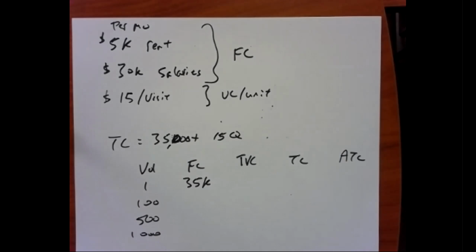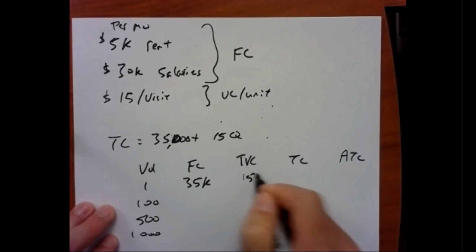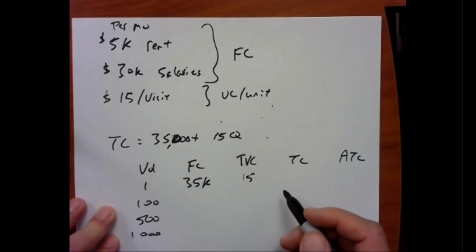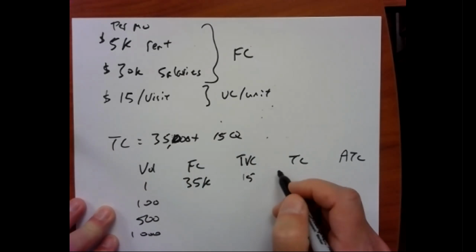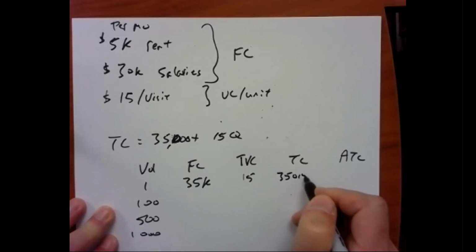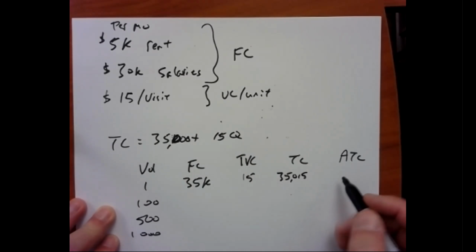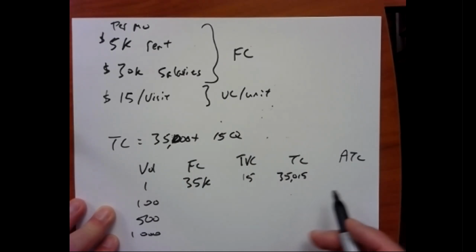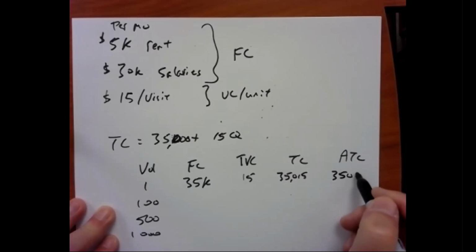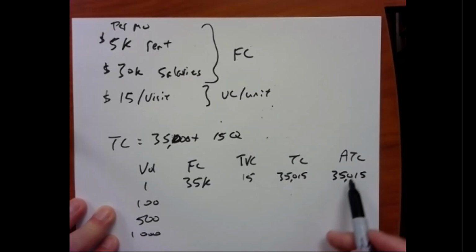We're doing one. It's going to cost us $15. So the total cost is going to be, and so the average total cost is going to be, right, because I'm taking that total cost and dividing it by 1.